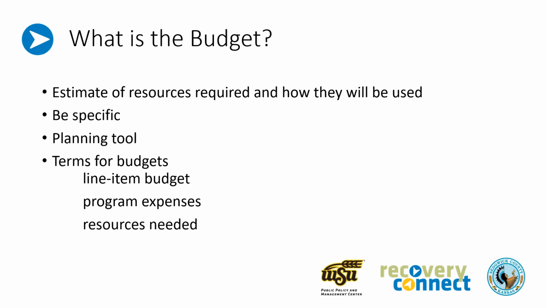So what is the budget? We're going to focus on that today. And the budget is just an estimate of those resources that are required and how you're going to use those. You want to be sure that you are specific about everything that you're going to use in this program. And you want to take the time to get estimates for things that maybe you don't know or that you plan to purchase.